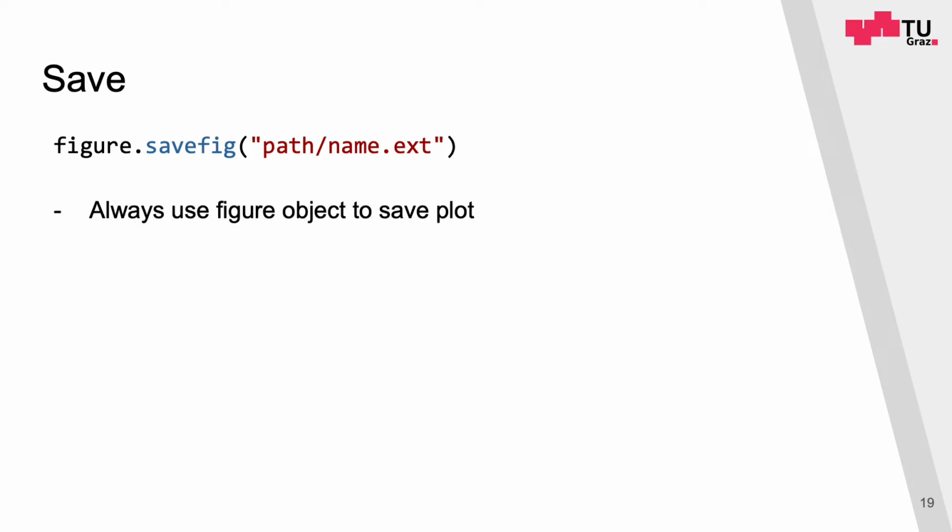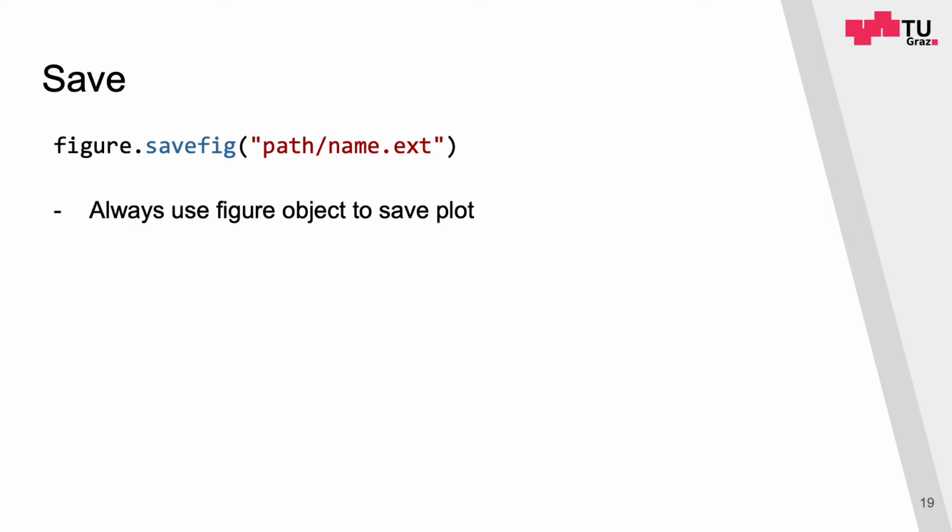If we have produced such a nice plot, we can use the savefig method to save the whole figure. Inside the method, we need to define where we want to save our figure on our computer, and therefore we need to specify a path and an extension.